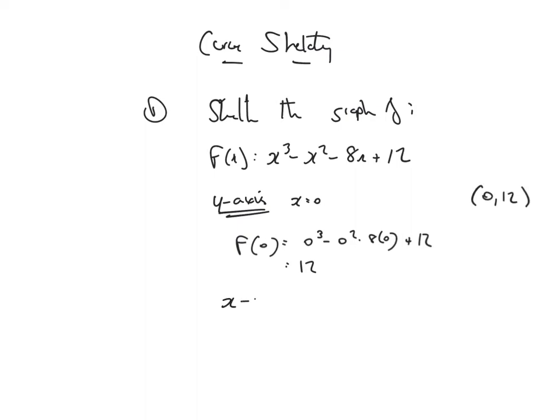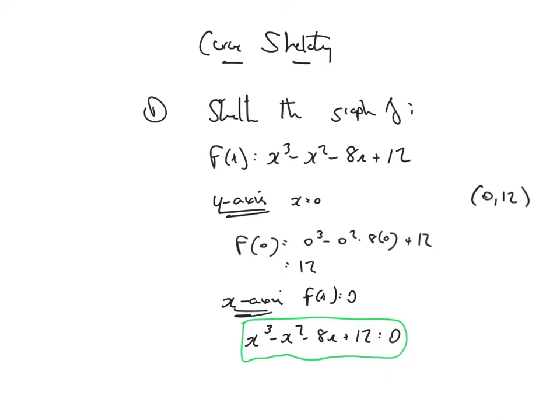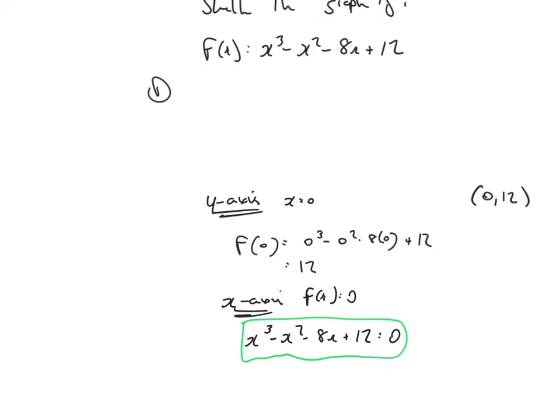Next thing I'm going to do is check the x-axis. What's true in the x-axis? Y is equal to 0. So the function in itself is equal to 0. X cubed minus x squared minus 8x plus 12 is equal to 0. Now that is a polynomial. Okay, so to get the roots, to get where the thing cuts the x-axis, I need to do synthetic division.